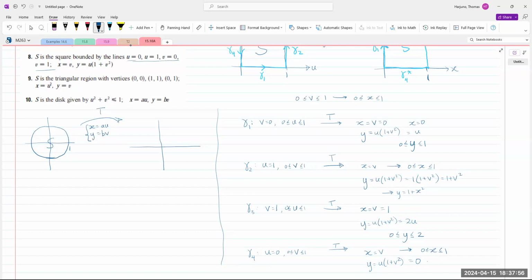It's easy to compute the Jacobian, but what happened to the transformation? Okay, this is u, this is phi. So u equals x over a, v equals y over b. So if we have u squared plus phi squared equals 1, that becomes x squared over a squared plus y squared over b squared equals 1. That's an ellipse.